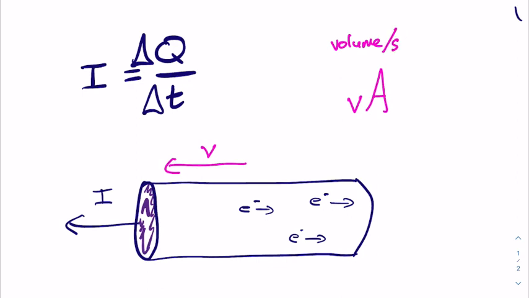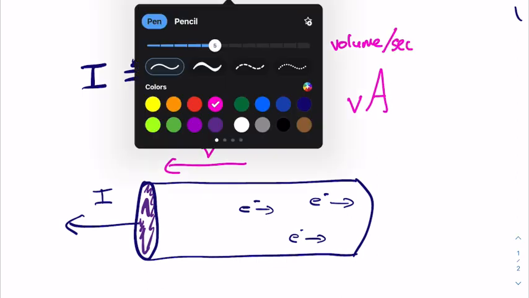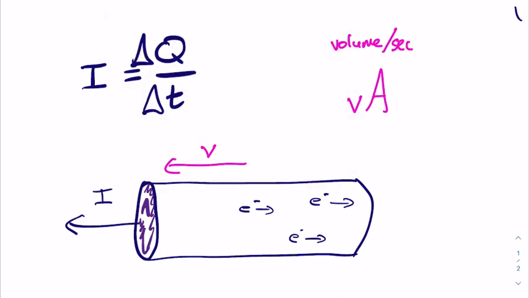So volume per second is v times A, and then you also have the total amount of charge. Now, the total amount of charge is the number of charges, number of electrons in that unit volume, the number of charges per unit volume, times however much charge in coulombs they have.